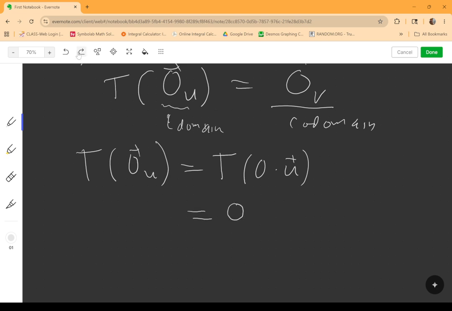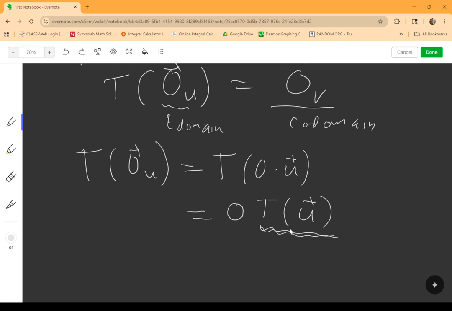And now I can use the linear transformation property that scalar multiplication is preserved. So I can, in a sense, factor out that 0 and multiply by the scalar after the transformation is performed. But what you want to keep in mind is this T of u is a vector in the vector space V. So now I can use vector space properties here.